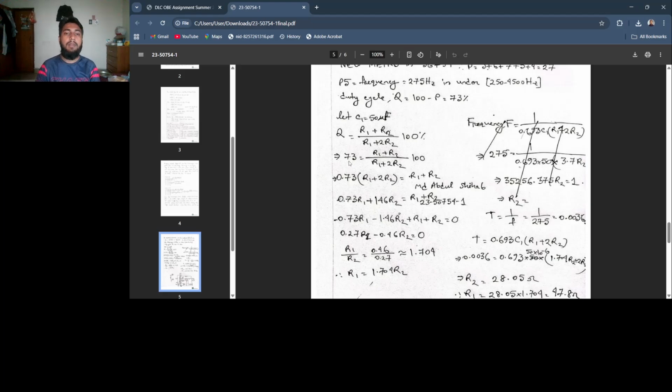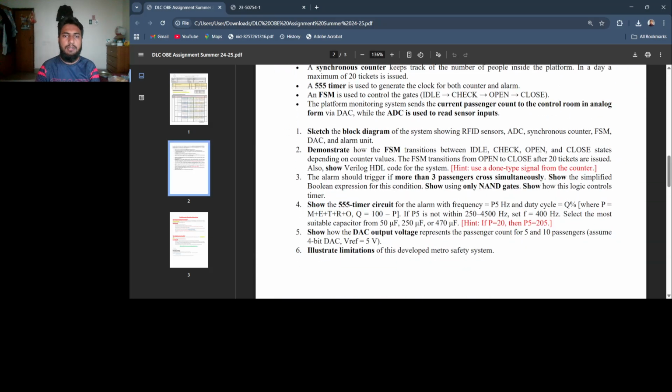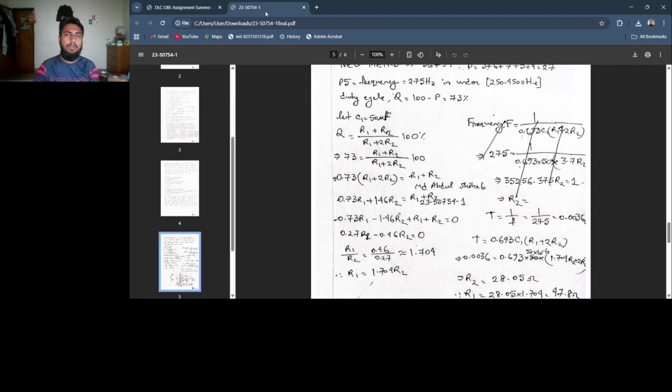So 73 equals R1 plus R2 divided by R1 plus 2R2, into 100. The percentage is gone, because Q equals 100 minus P; the Q duty cycle is Q%. So the percentage is gone.